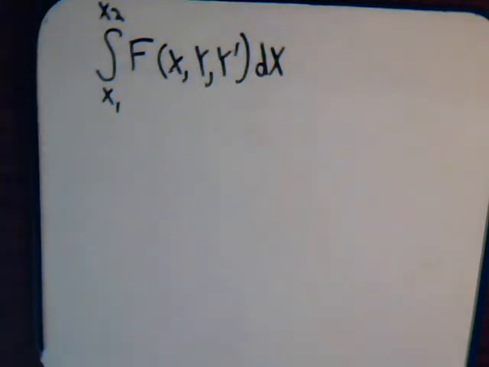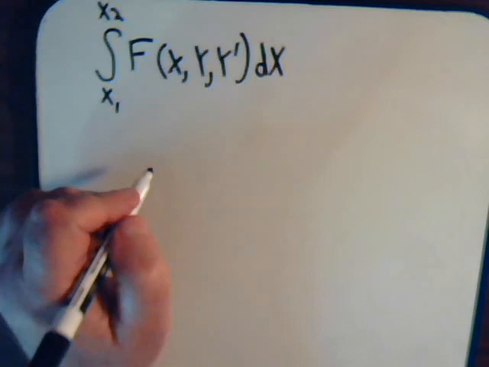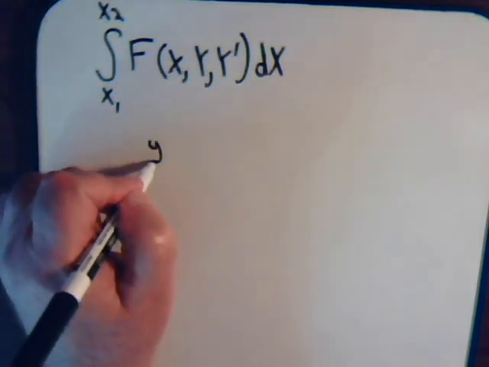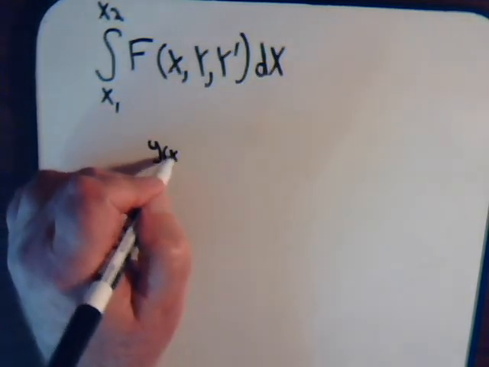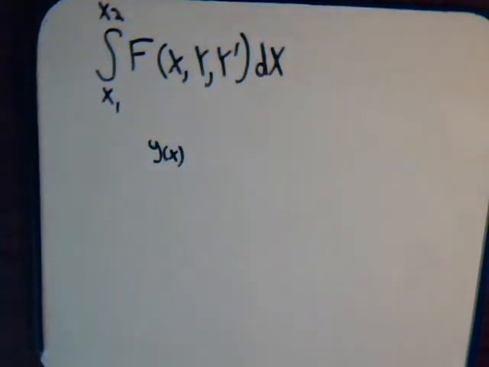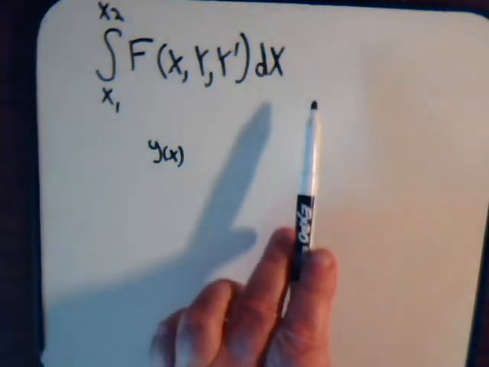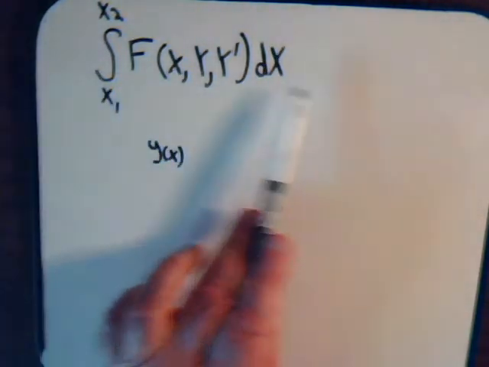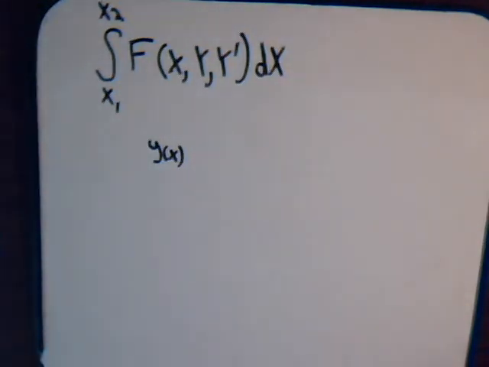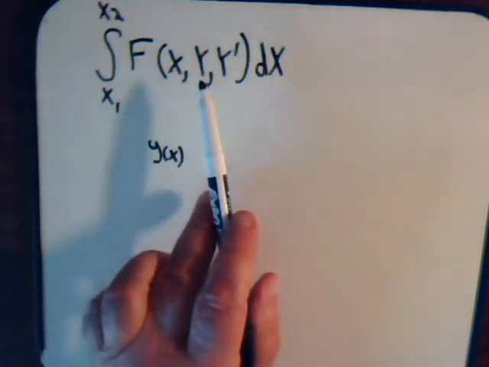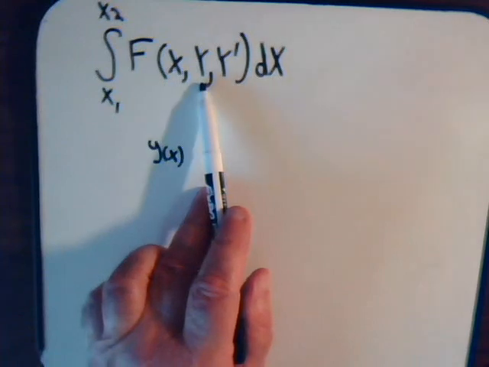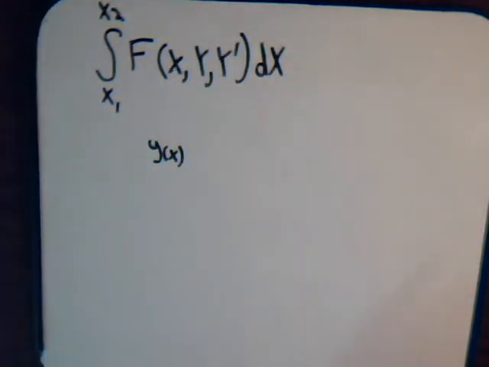And just as we did in the last video, we're considering small y of x to be the stationary function. That is, it'll either be the maximum or the minimum of this integral. And all the other ones, the ones designated with the capital Y's, are the ones that are not the maximum or the minimum, as the case may be.